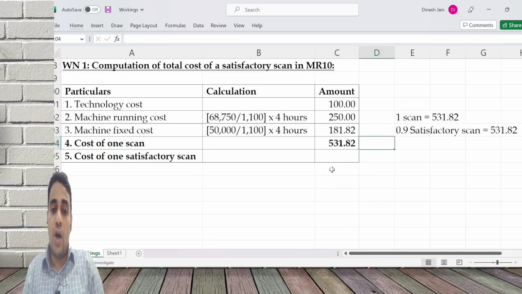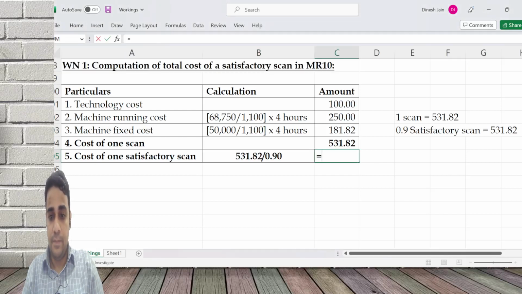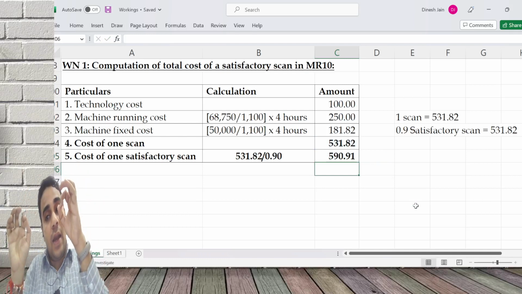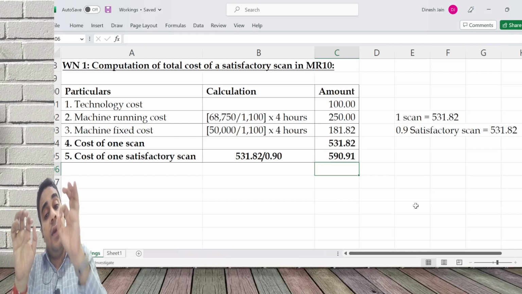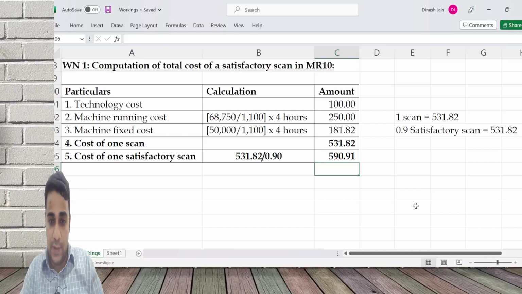So cost of satisfactory scan is 531.82 divided by 0.9. So 590 rupees I'll incur to get one correct scan in MR10, and correct scan including everything fixed and variable because I'm calculating total cost.